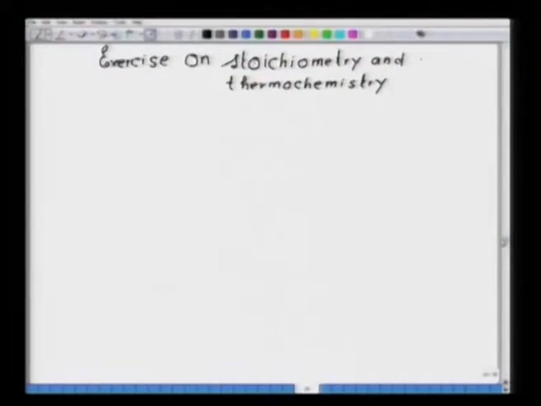So, the solution of problem 7, for example, says that I will write moles of aluminum produced. That will be how much, can you tell? That will be 300 divided by molecular weight of aluminum.